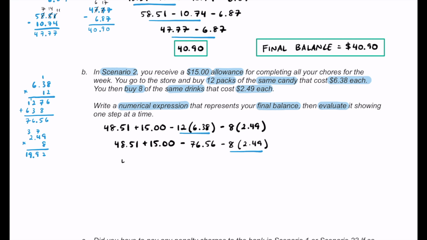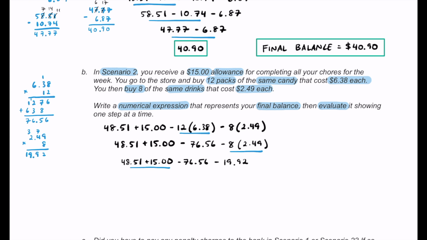So we had $48.51. All right, and then we added $15 from allowance. We spent $76.56 on candy, and then we spent $19.92 for our drinks. Okay, so let's now go from left to right, since we have just addition and subtraction.